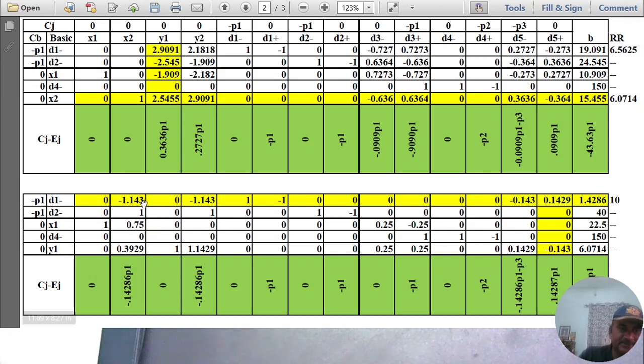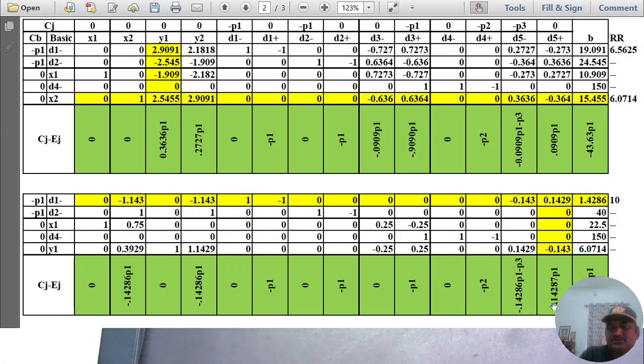So with that information, after doing all the transformations, we once again find Cj minus Zj. So here 0 for x1, for x2 negative, for y1 0, for y2 negative, then for d1 minus 0, for d1 plus minus P1. Here 0, then negative, 0, negative, 0, negative P2, here negative P1.